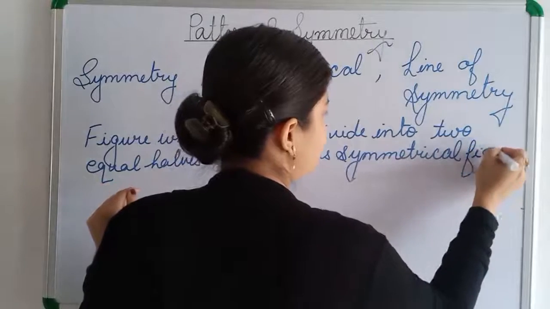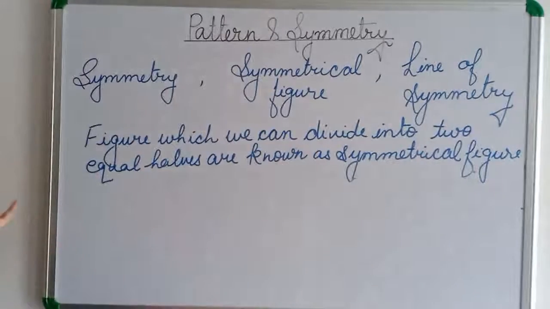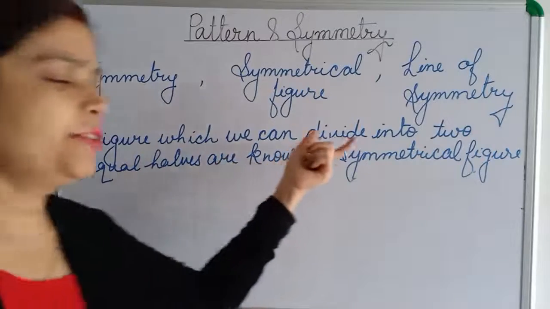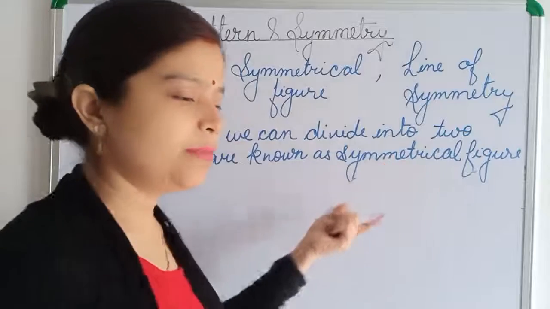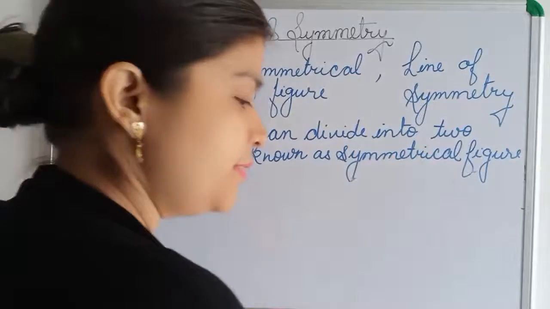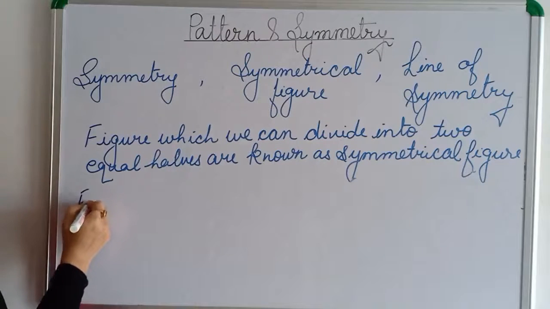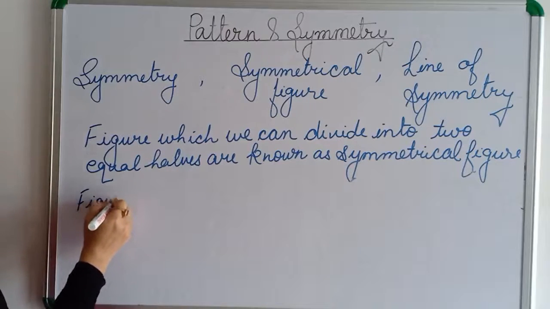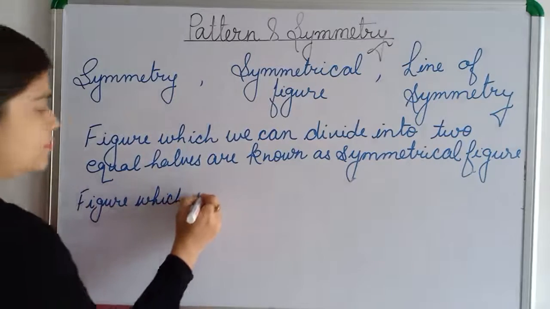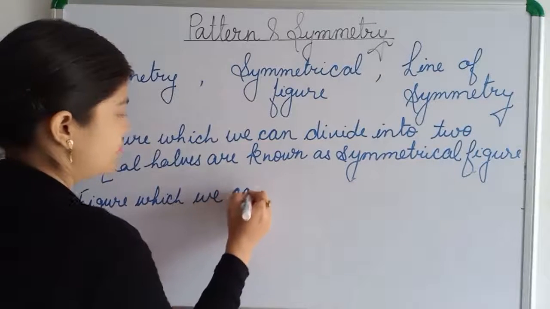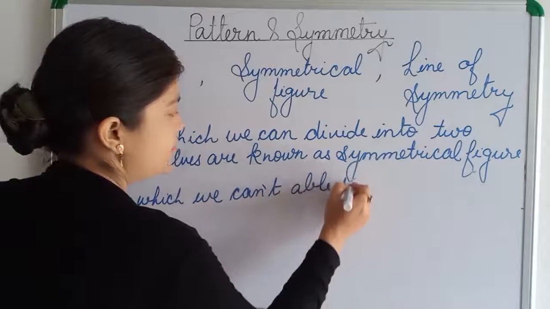And a figure which we can't divide into 2 equal halves is known as a non-symmetrical shape or figure.